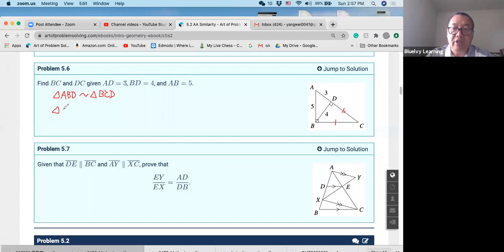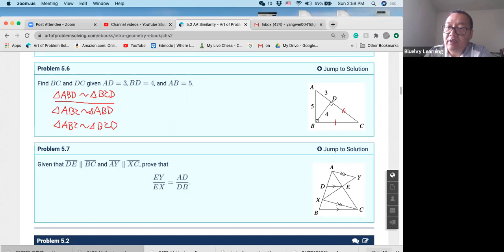Then we also can get triangle ABC similar with triangle ABD. We also can get triangle ABC similar with triangle BCD. Okay, you know why? Now let's first see why this one is true.